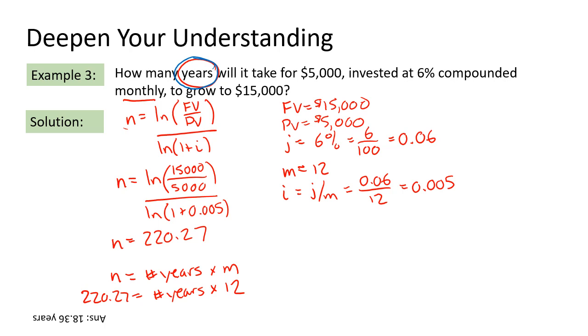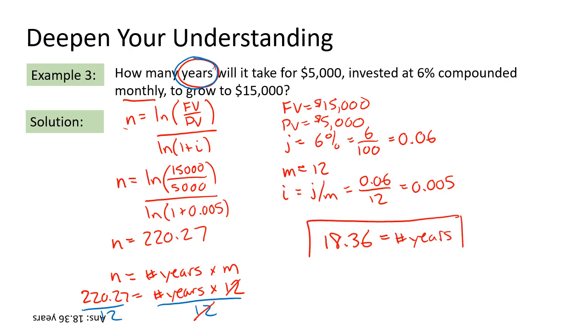So now to solve for the number of years, we need to remove this 12 from the right-hand side of the equation. So you divide both sides by 12. The 12s cancel on the right-hand side, and we're left with 220.27 divided by 12, which is 18.36. And that's equal to the number of years. So in other words, it'll take just over 18 years for a $5,000 investment to grow to $15,000, given this interest rate.